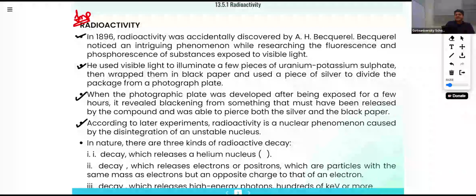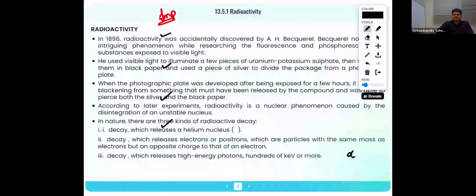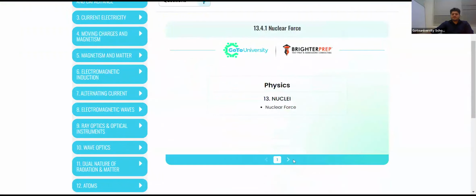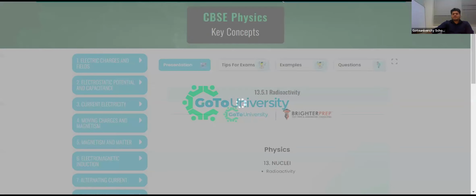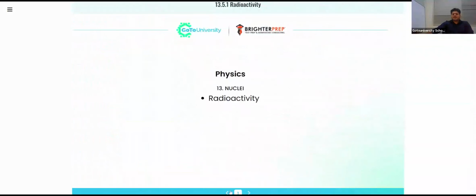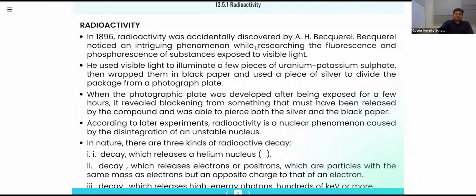In nature, there are three kinds of radioactive decay: alpha, the helium nucleus; beta decay, which is an electron or positron; and gamma decay, which releases a high energy photon of hundreds of kilo electron volts or more. These are gamma decays.